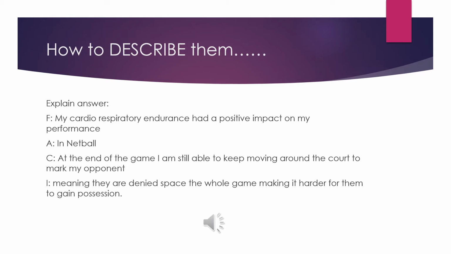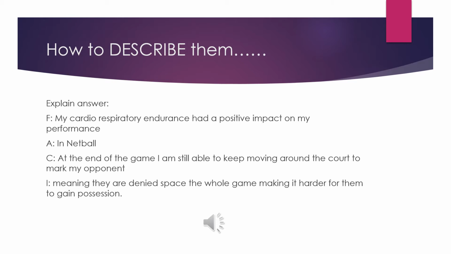If this was an explain question, explain your strengths prior to any PDP, or just explain your strengths in sport full stop, it would be FACI, because for explain the impact on performances you use FACI. So you would say my cardiorespiratory endurance has a positive impact on my performance in the activity of netball.